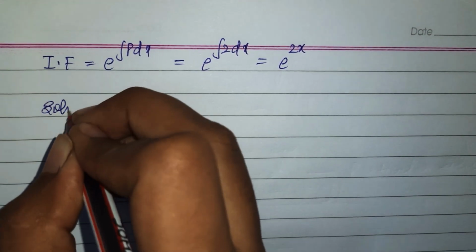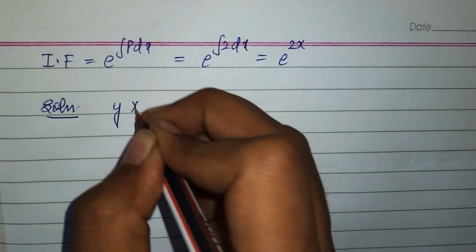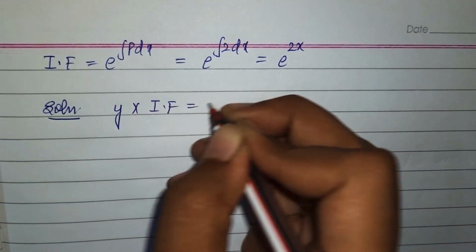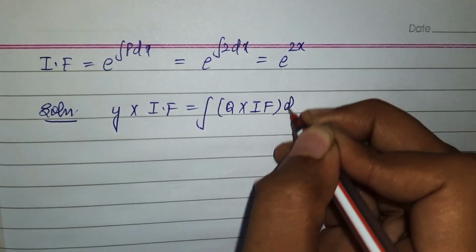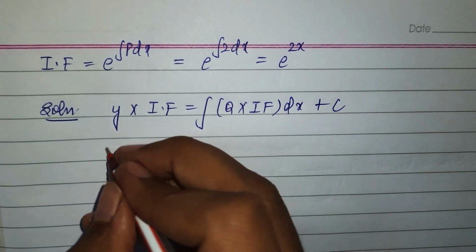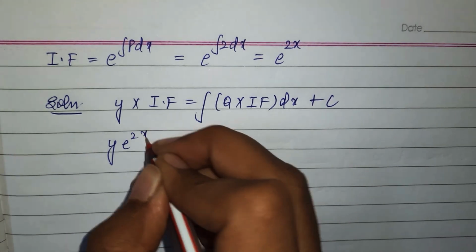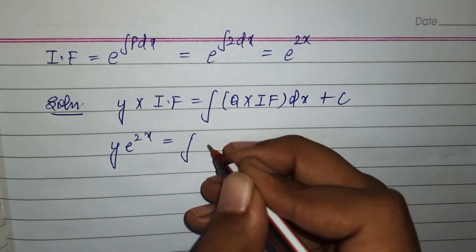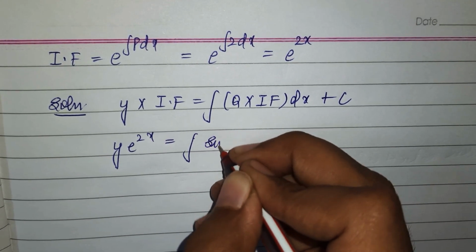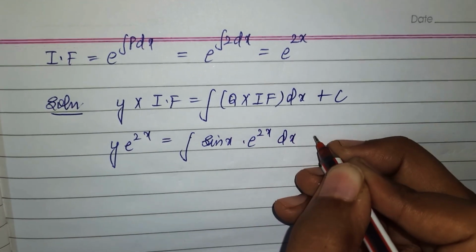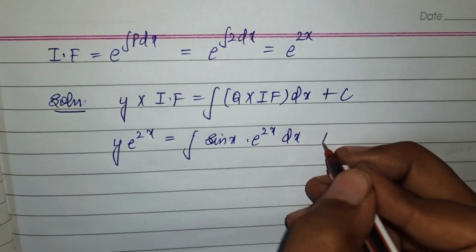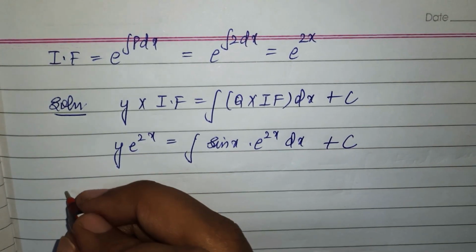The solution is y into integrating factor equals integral of q into integrating factor dx plus c. So y into e raised to the power 2x equals integral of sin x e raised to the power 2x dx. Now you need to integrate this.